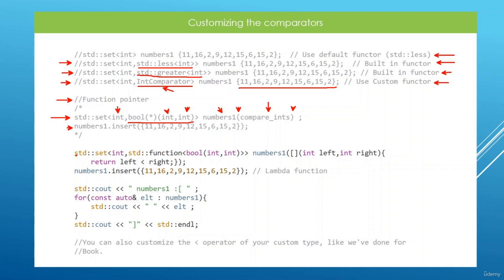We can even use lambda functions, and again, the syntax to do that is a little bit weird. You say std::set like this, you specify the type that is going to be stored in your set, and then you say std::function and specify the signature for the lambda function that is going to act as your callback here. It is going to return a bool.